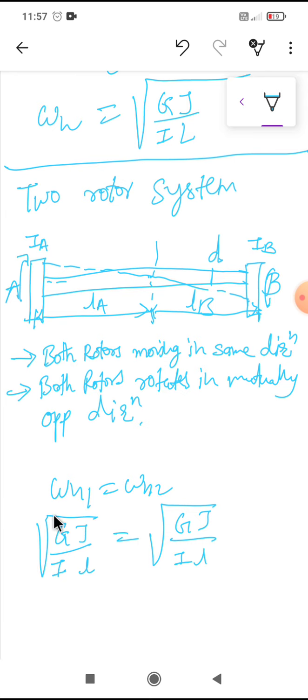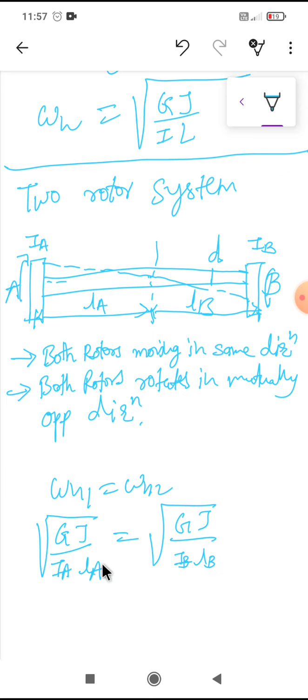And next, what is G? G is modulus of elasticity, which is also the same. So here we have IA, and here we have IB, and similarly we have LA and LB.